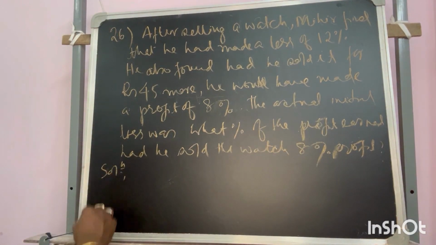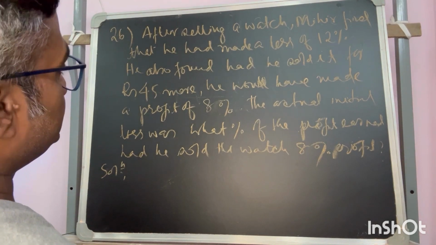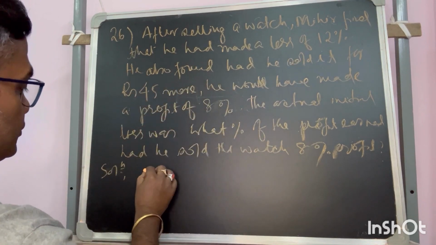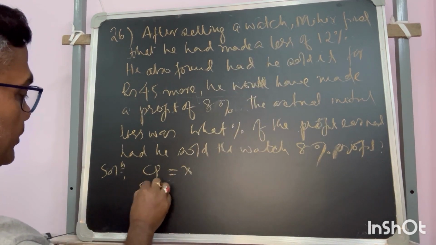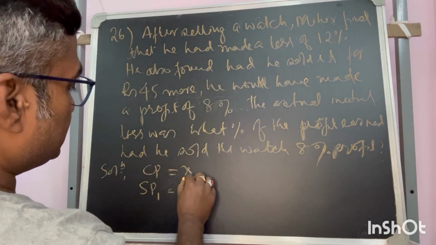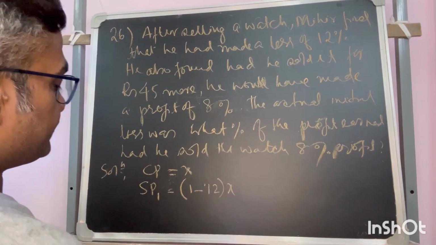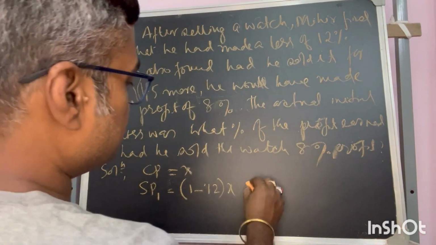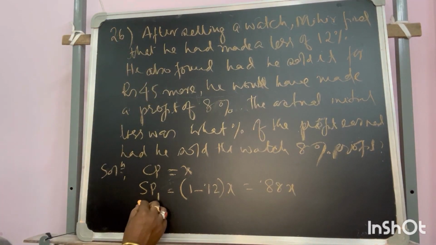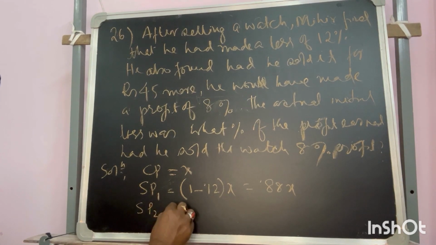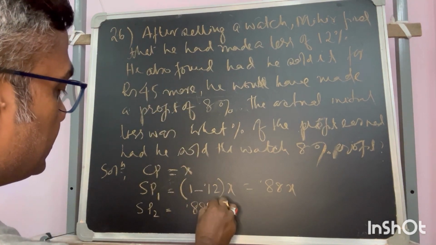Let me assume the cost price is X. The initial selling price would be 12% less, 1 minus 0.12 of X, that is 1 minus loss into the cost price, equal to 0.88 X. The second selling price would be 45 rupees more, so 0.88 X plus 45.